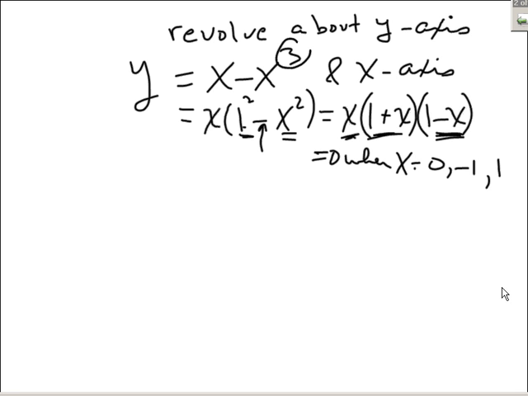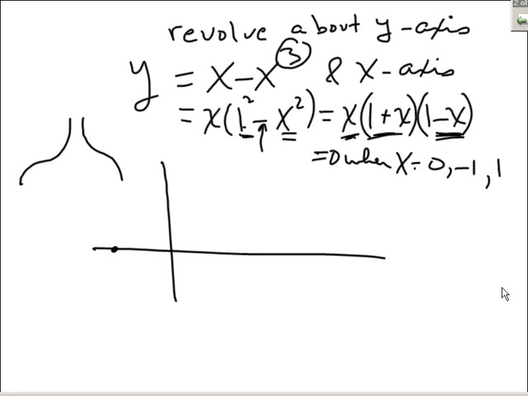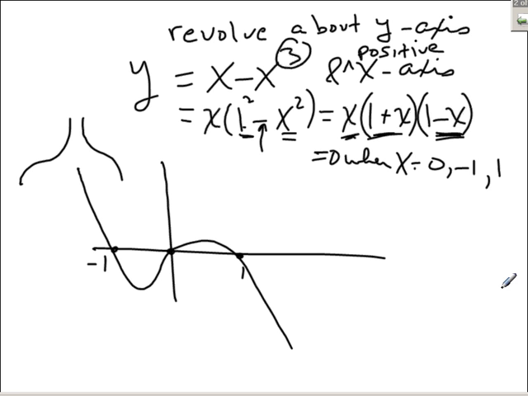And since it's a negative x cubed, I know positive x cubes go that way, negative x cubes go that way. So, I know it crosses at negative 1 and at 0 and at positive 1, and it goes this way. Okay, I meant to say and the positive x-axis.